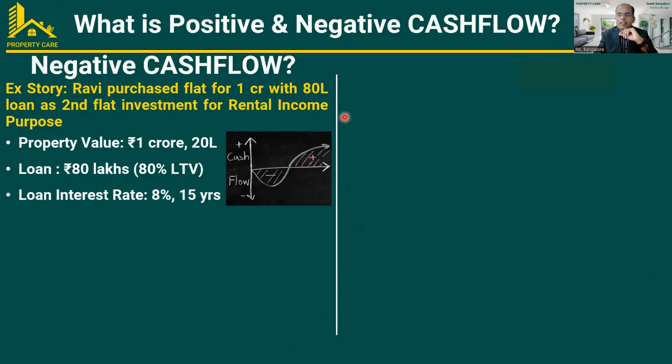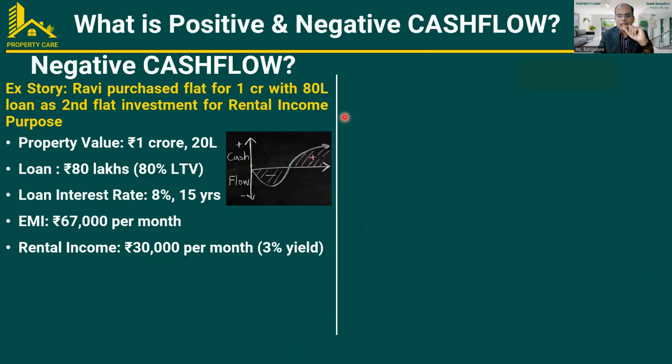The loan interest is 8% for 15 years, and the EMI is 67,000 per month, which he is supposed to pay to the bank. The rental income from this second flat is 30,000. If you look at the entire calculation, the return on investment will be 3%. This is the rental income he is getting.